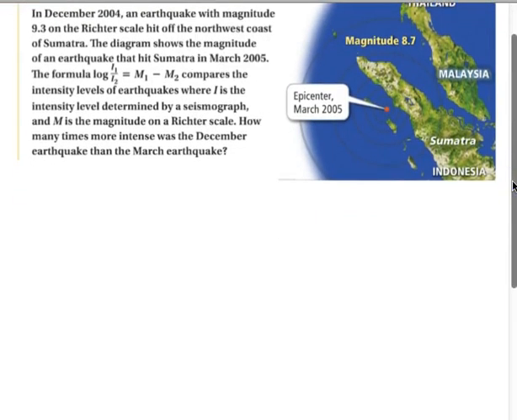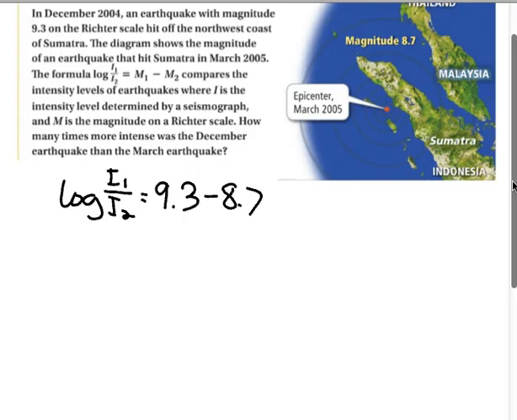All right, so in December, the earthquake had a magnitude of 9.3. And in March, it had 8.7. That's what that's telling us right there.